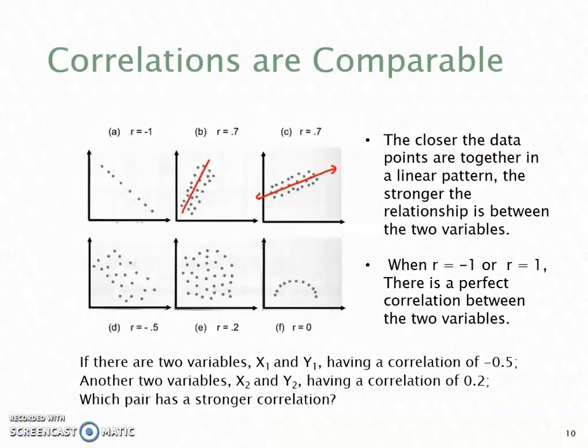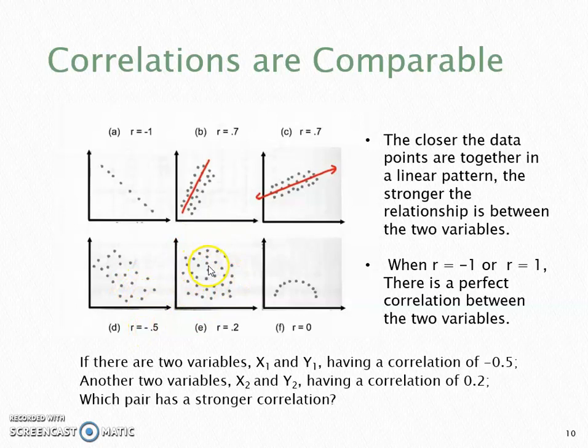One thing, let's make it clear, is that correlations are comparable because they are based on standardized values. I gave you some examples here. Let's take a look. If we have two variables, x1 and y1, they have a correlation of -0.5.